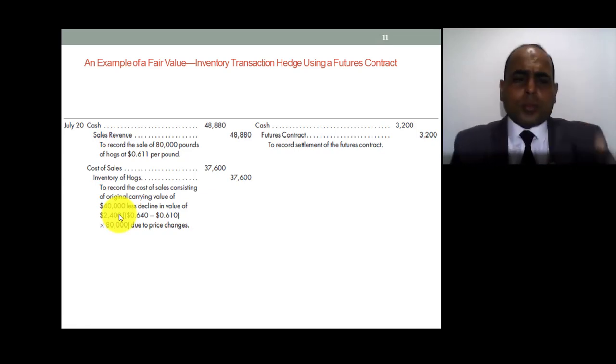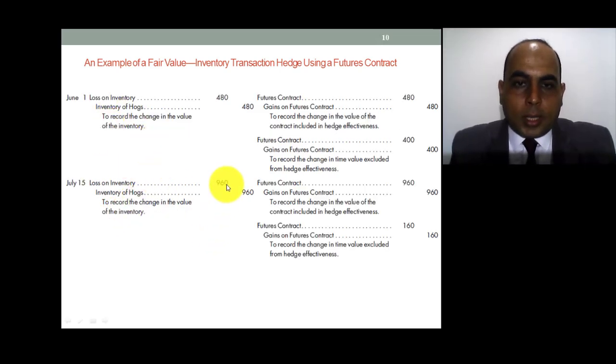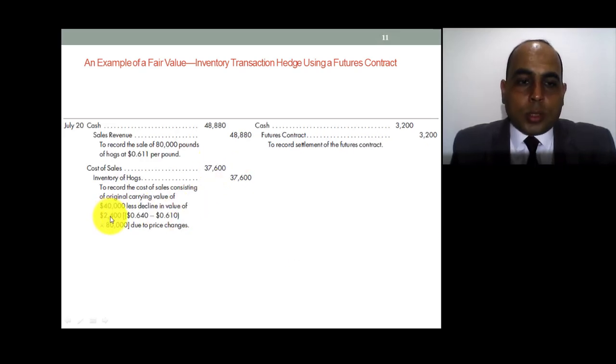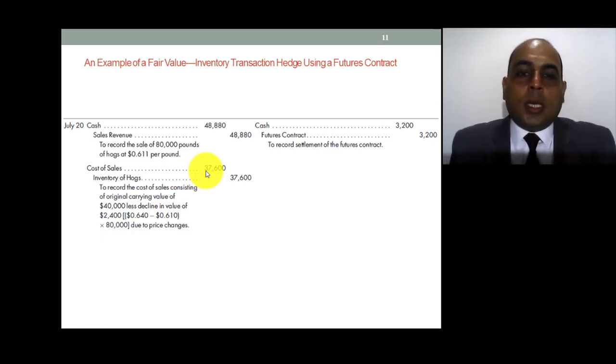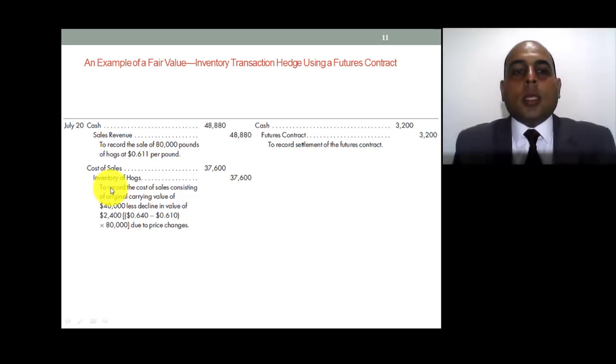It is 40,000 minus the losses that occurred in the previous periods. How do we calculate it? 960 plus 480 plus 960. So cost of goods sold is not 40,000 as the cost of inventory, but you have to deduct the amount of loss. Here we are talking about 37,600 debited to cost of goods sold and 37,600 credited to inventory of hugs.